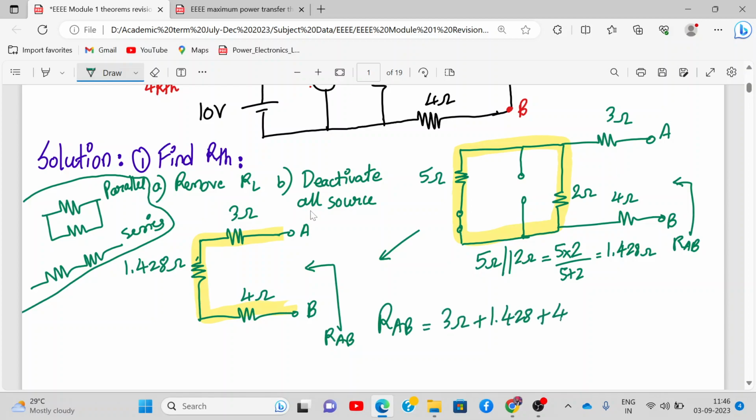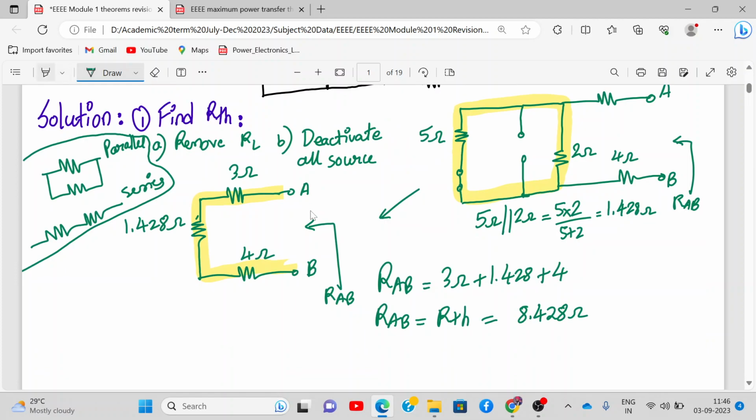So we write it like this. And then we write RAB is equal to RTH is equal to 8.428 ohms. That's the value of RTH. Got it? So please complete up till here. I'll wait for half a minute.